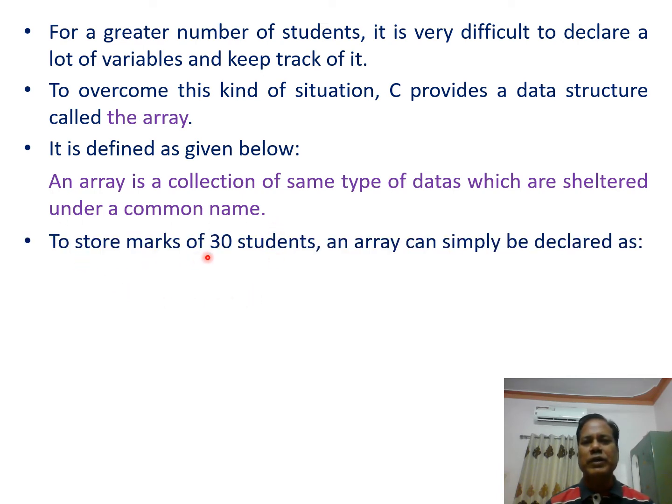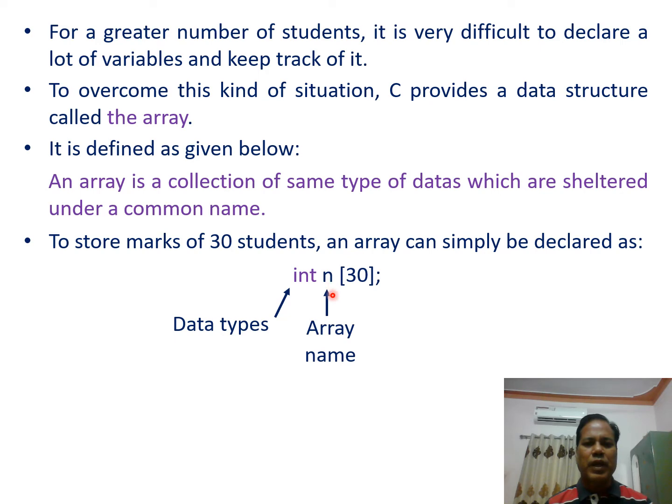To store marks of 30 students, an array can simply be declared as int n[30]; with a semicolon at the end. So int is the data type, n is the array name, and 30 in the square brackets indicates the array size.